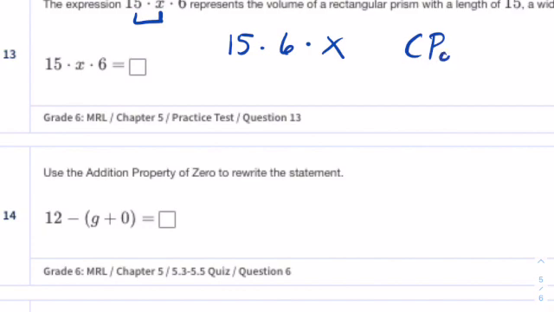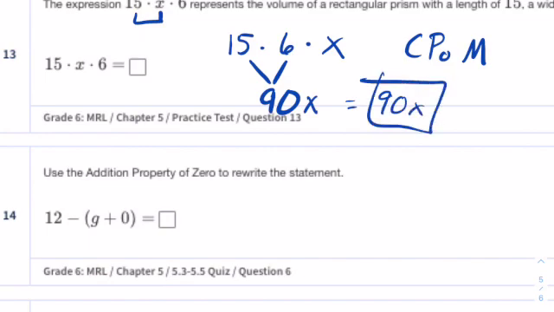This tells me that I can rearrange the factors as long as everything is just being multiplied, which it is. So now I can just do the 15 times 6, which makes 90, and then the x just comes on down. So that's 90x as the answer for this one.